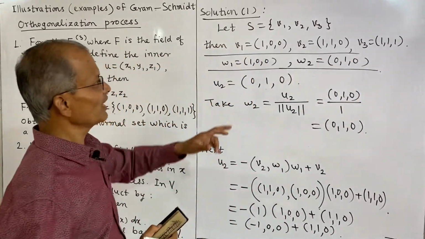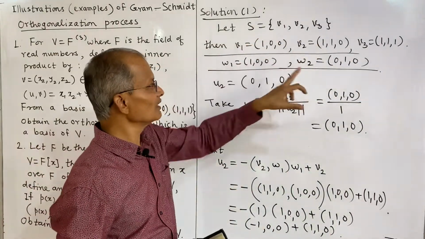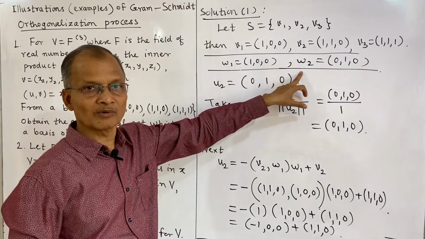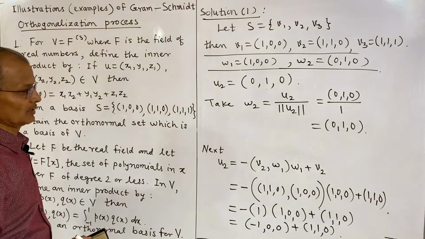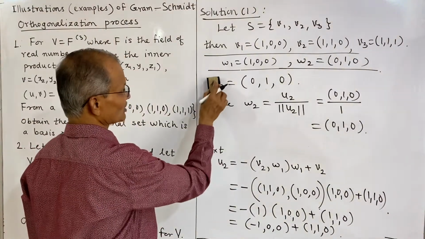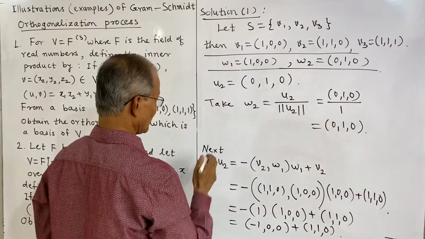We are obtaining from V1, V2, V3: W1 and W2 we have obtained. What remains is only to find out W3. Now we write U3 next.